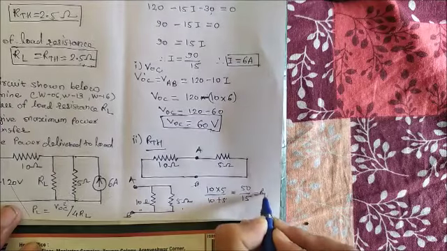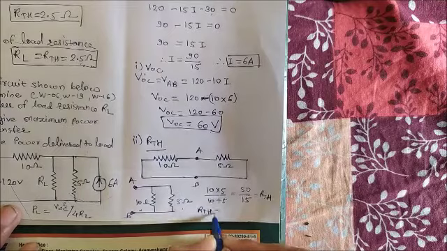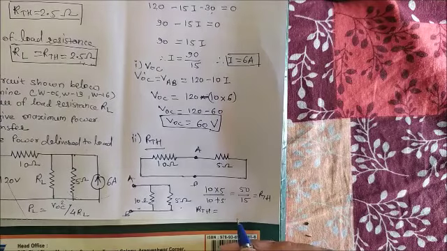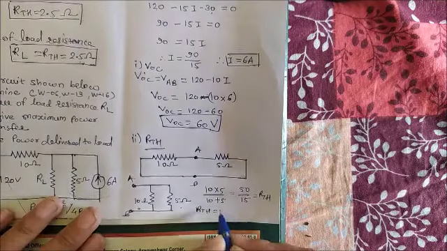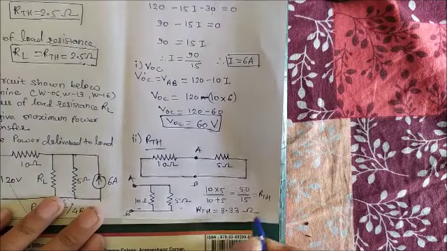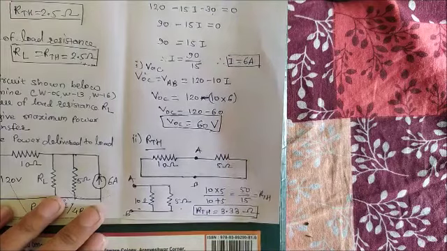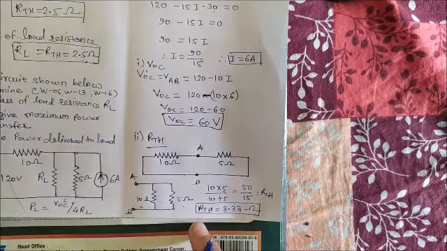This will be your RTH, that is Thevenin's resistance, and solving this division you will get the value as 3.33 ohm. This will be RTH.